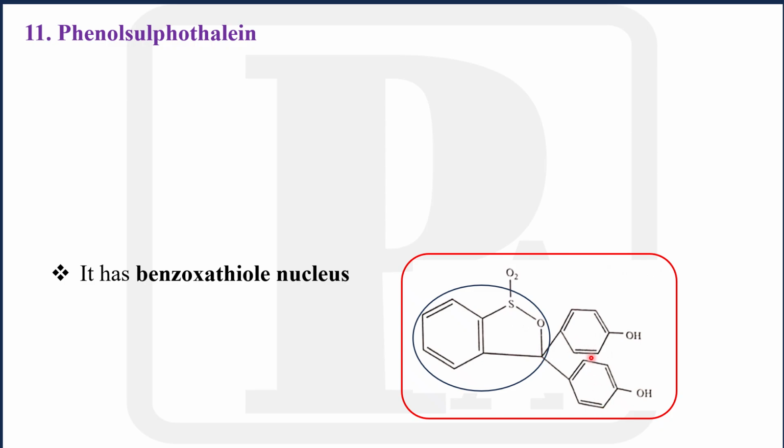That is called phenol sulfonphthalein. It has dioxo benzoxathiol, and the 7th position is connected to the para position of 2 hydroxyphenols.